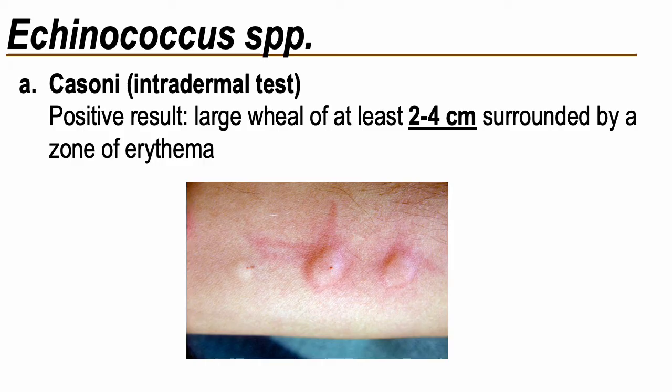This happens when the patient had already been previously infected by the parasite, causing the patient to produce antibodies. So if we inject another live antigen to the skin of the patient, this interacts with the antibodies, causing inflammation or an allergic reaction.